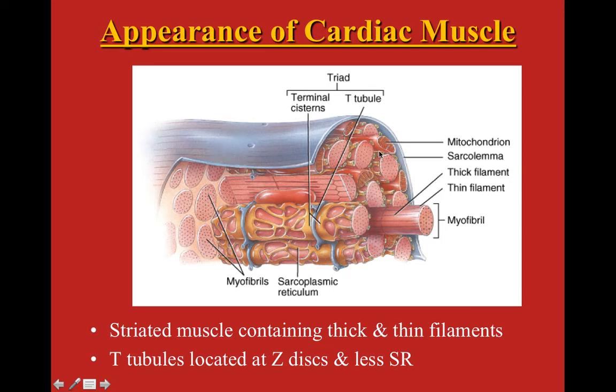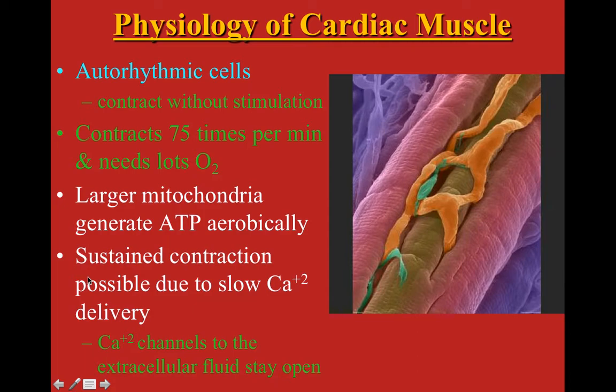The sarcolemma, still the same thing, is the membrane that surrounds the muscle fibers, and thick and thin filaments make up the myofibril. The T tubules here are located at the Z discs, and there is less sarcoplasmic reticulum than what we saw with skeletal muscle.